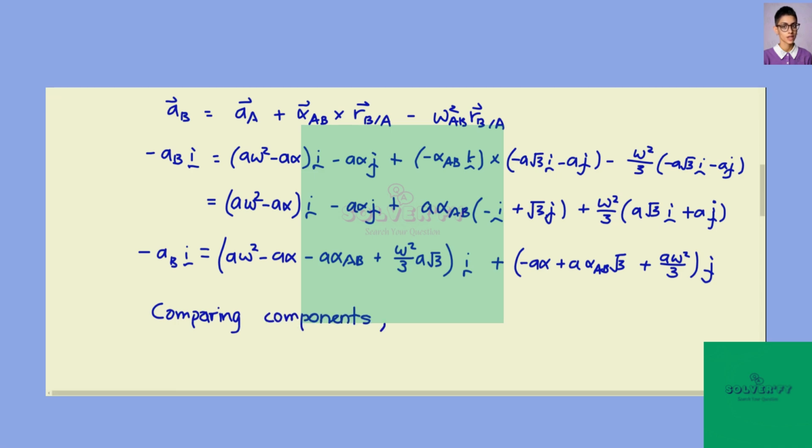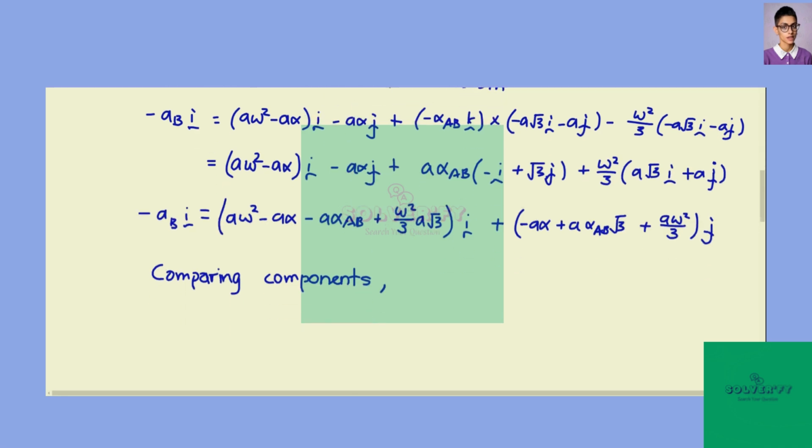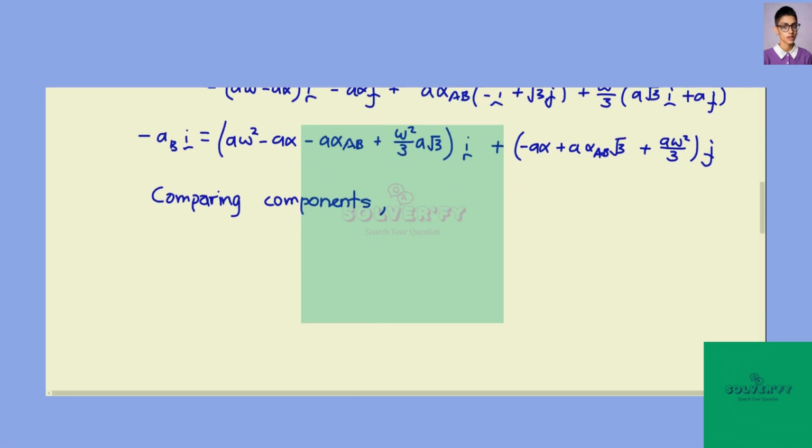We get two equations. From the y component, we get minus A alpha, and we need to determine alpha AB.